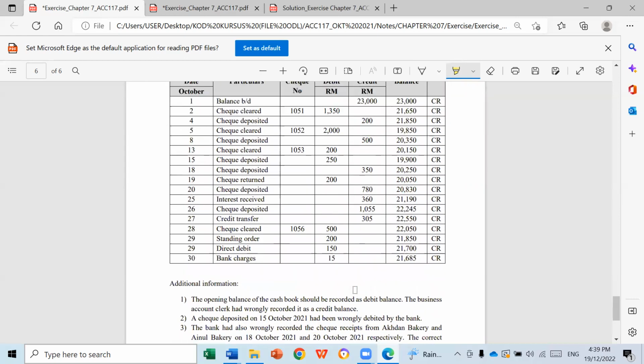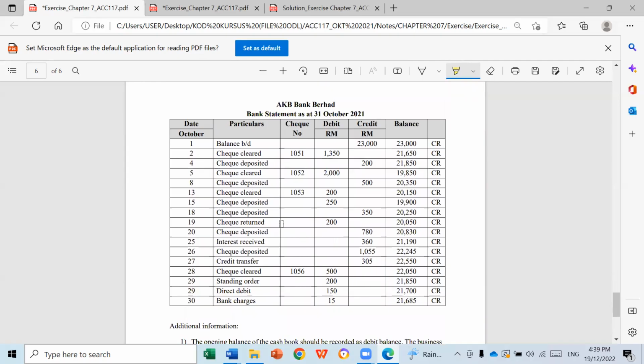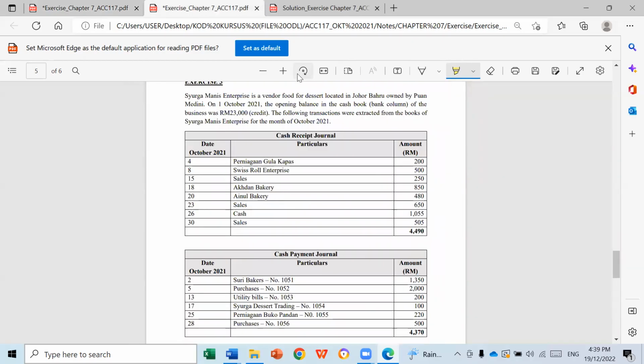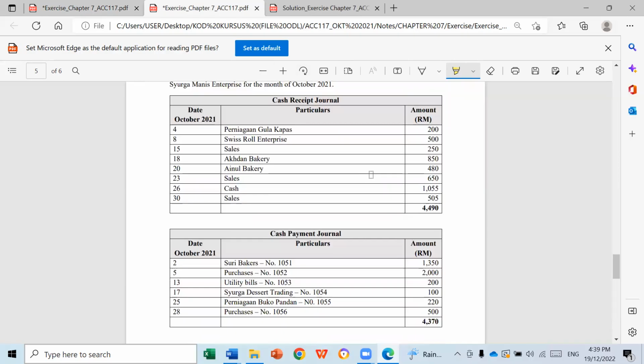The first step is to match the entries in the cash book and the entries in the bank statement. We have to match the entries first. This represents, as I mentioned to you, the inflow.